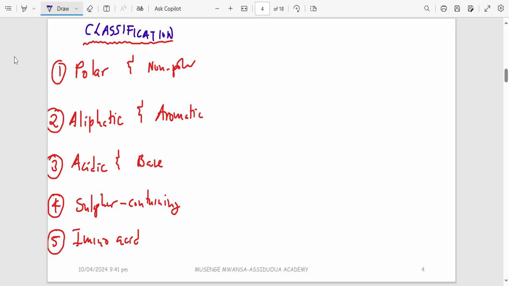And then you are going to have some other amino acids which are going to be acidic. But how do you talk about acidity? When you see an amino acid, all these things I'm talking about depend on the R group. If you see the R group has a group like this, do you think it's going to be acidic or basic?